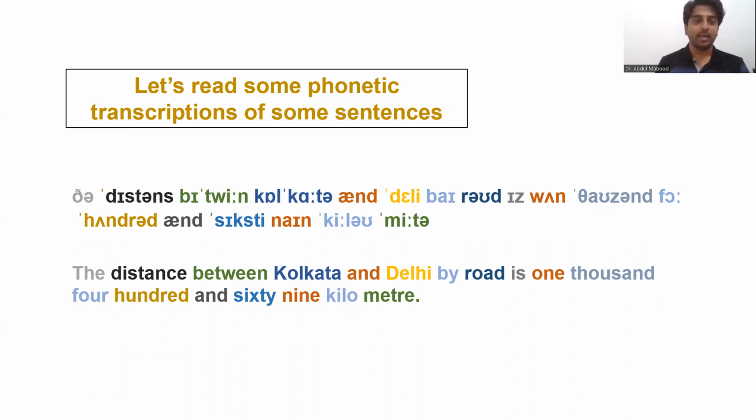So again, reading it: the distance between Kolkata and Delhi by road is 1,469 kilometers. Fine.